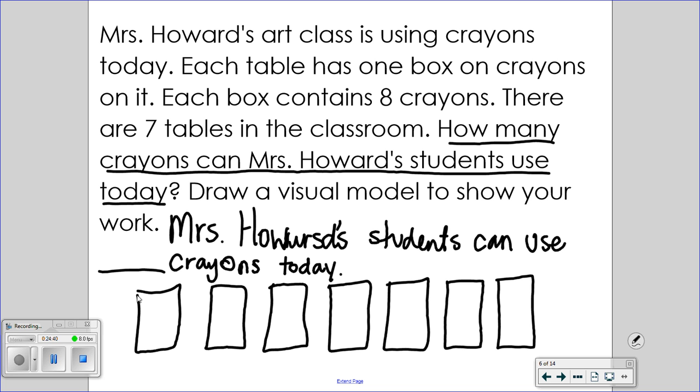Now, for those of you who don't work very neatly, or don't want to take the time to write 8 dots on every single one, I am okay if you put the number 8 inside. This is okay too. If you need to put the dots, go for it. It's going to take you a very long time. This works just as well.